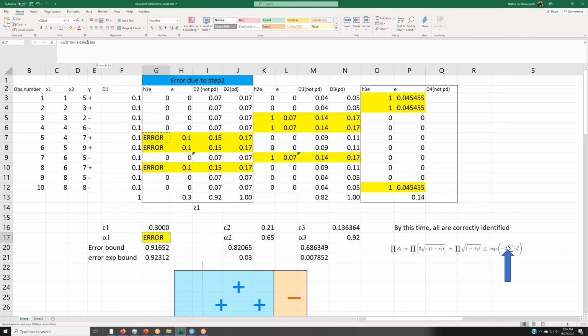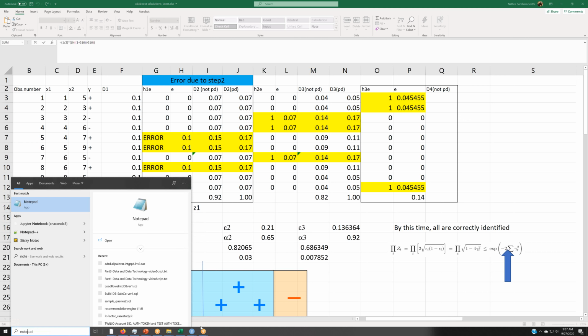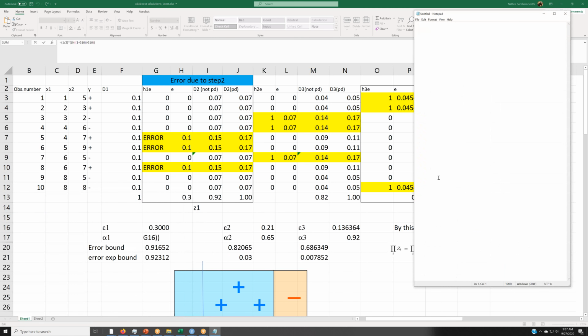What is the formula here? It says it's not visible to you. Let me try to paste it here and make it bigger. I made some mistake here. Can you see this formula? I'm going to make this formula bigger. Don't copy the equal to sign and just paste it.